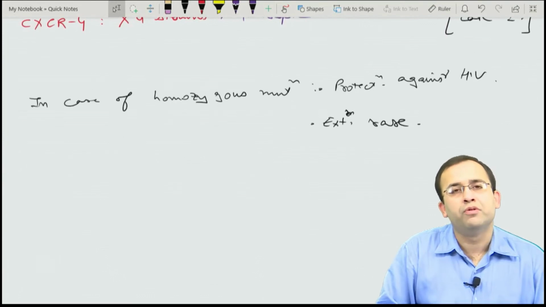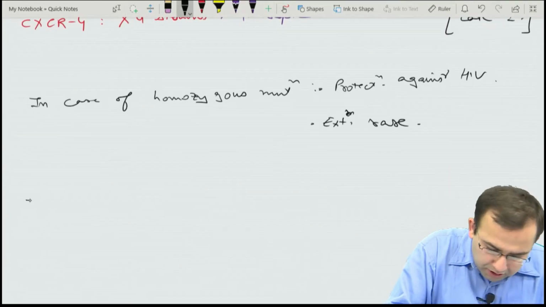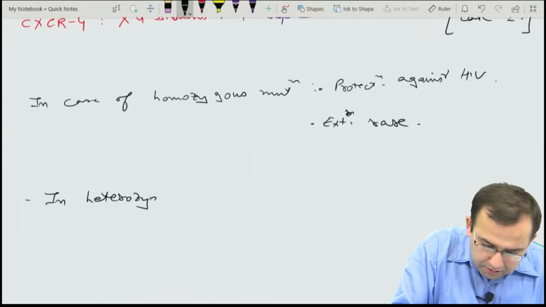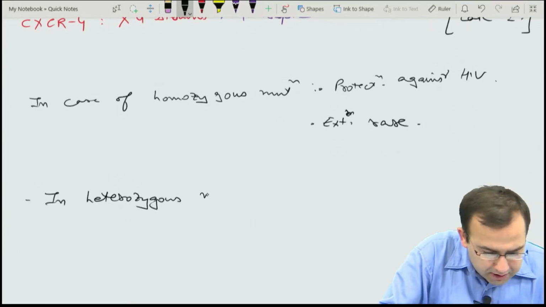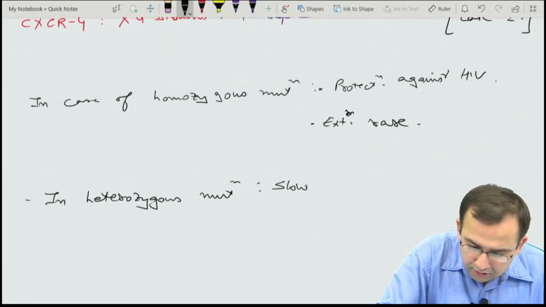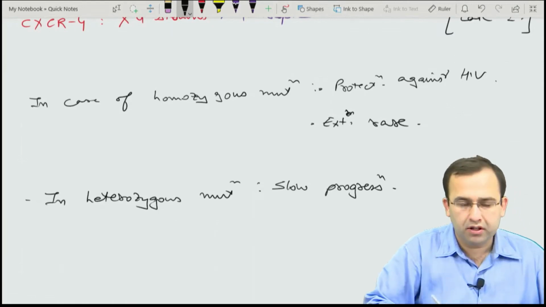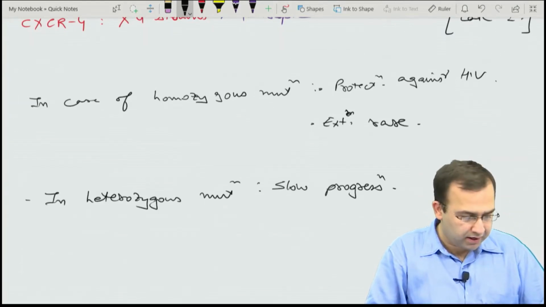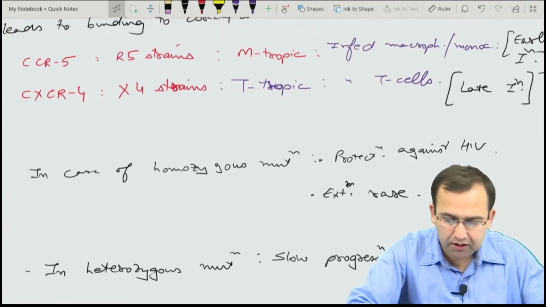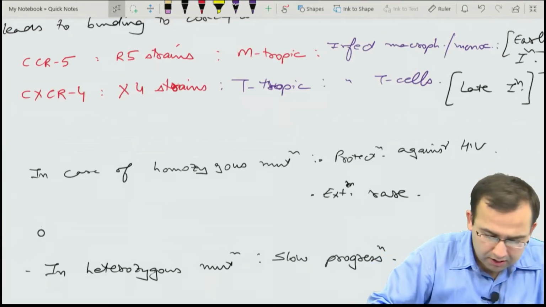Next point, in heterozygous mutation there is slow progression of the disease; the progression of HIV is slower. This is HIV.